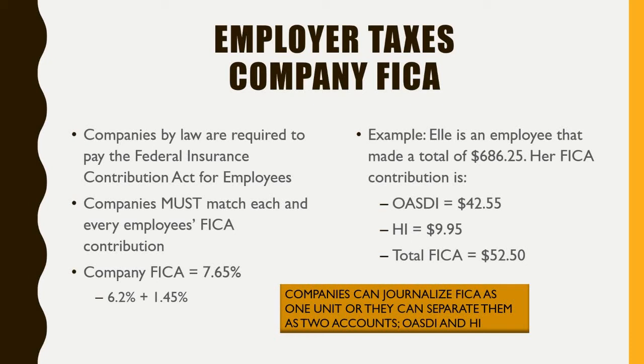So we must calculate 6.2% of the 686, and then we also have to calculate the 1.45, which we've already calculated to solve for hers. We're basically taking that information and transferring it over. So we know that $42.55 plus the additional $9.95 gives us a total of $52.50.